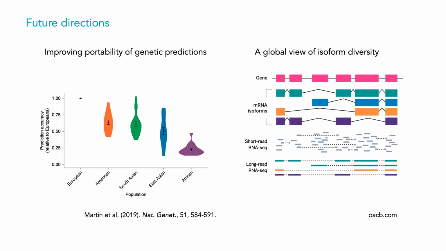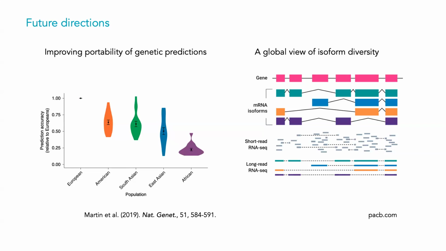But now that we can measure these LD differences and potentially use that information to know which genes should have portable predictions and potentially improve the genetic predictions, especially using the higher fine mapping resolution, I think has the potential to improve the genetic predictions and the portability across populations. So that's something we're looking into.